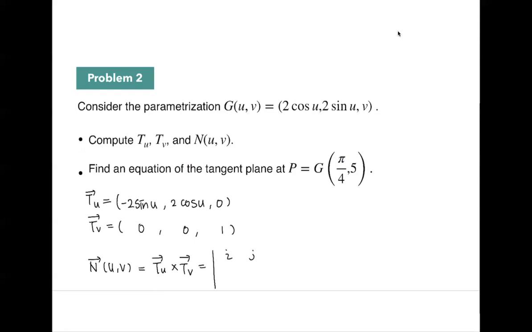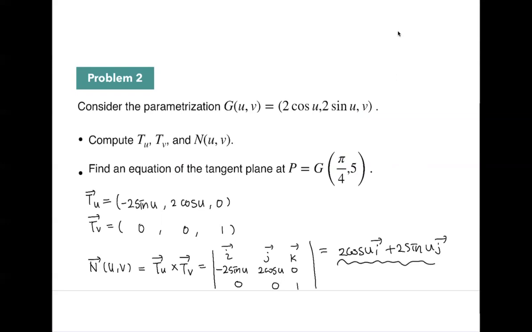So it is the determinant with i, j, k, minus 2 sine u, 2 cosine u, 0, and 0, 0, 1. Then you get 2 cosine u i plus 2 sine u j and 0. So our normal vector is given like this.